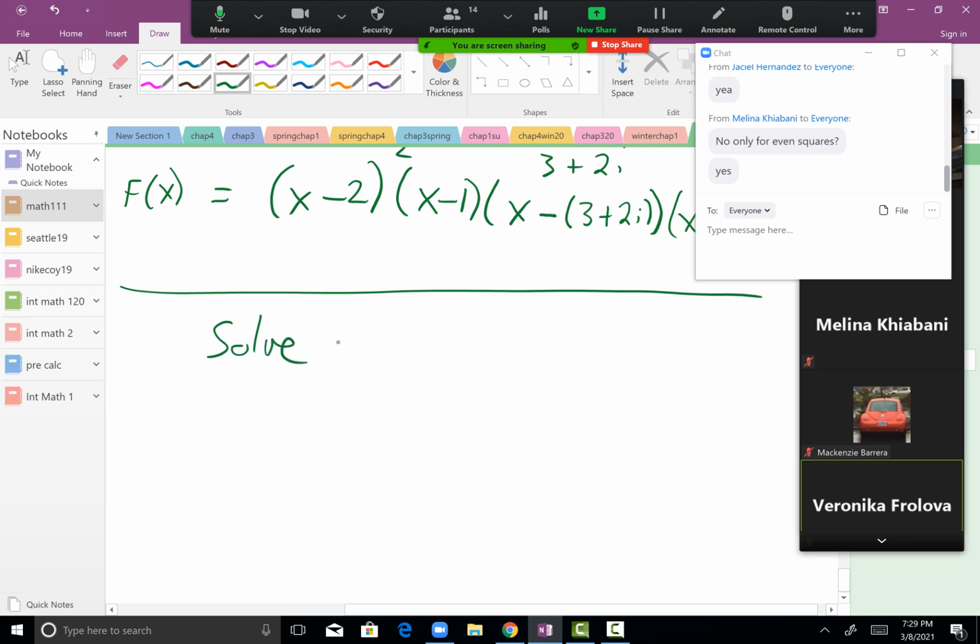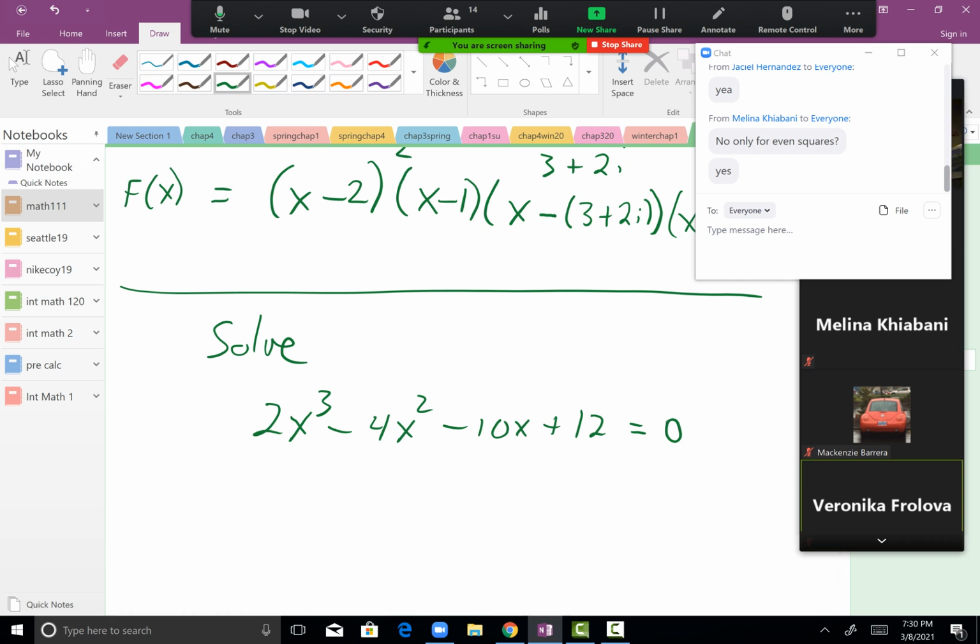Okay, now we're actually going to solve some of these. So I'm thinking that these that I wrote down the other day are going to be okay. So let's try solving this one first. So the first thing I want to do when I solve these is graph them.